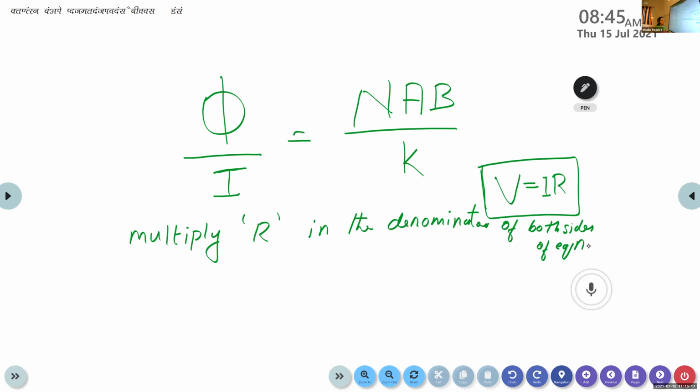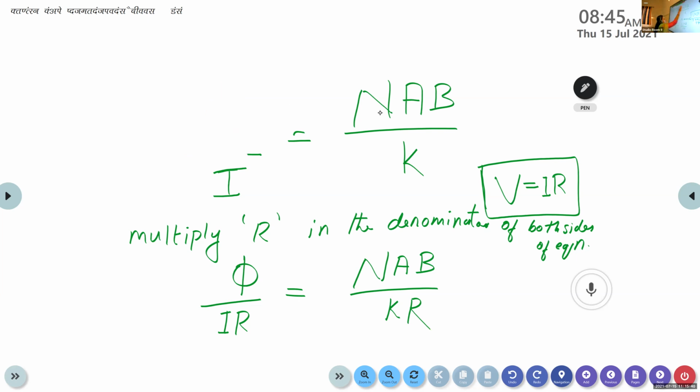Then what does our equation become? Phi divided by IR is equal to NAB divided by KR.